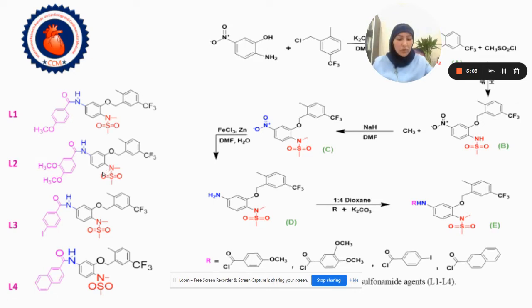The third, 4-iodobenzoyl chloride, gives us compound L3, and we end with using 2-naphthoyl chloride to obtain compound L4. So we have L1, L2, L3, L4, four compounds similar on the right side and the middle side. The moieties are kept fixed. We change only the left side, the R group.